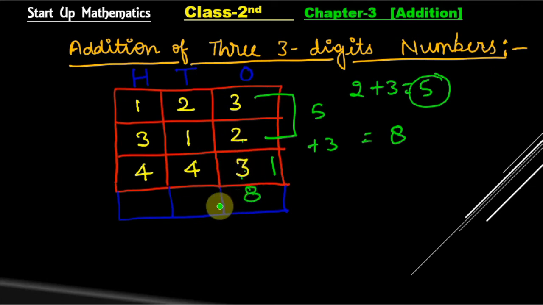After that 2 plus 1 is equal to 3, and 3 plus 4 is equal to 7. 1 plus 3 is equal to 4, and 4 plus 4 is equal to 8. So your answer is 878. Clear?